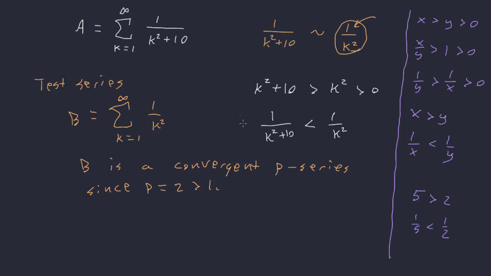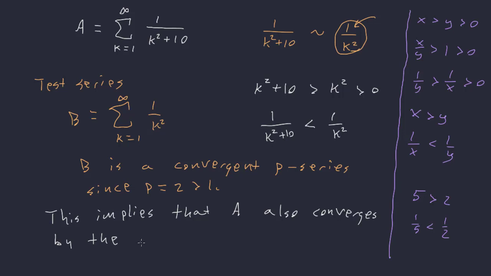And since all the terms of A are less than all the terms of B, this implies that A also converges by the direct comparison test. I'm going to start just calling this the DCT for short.